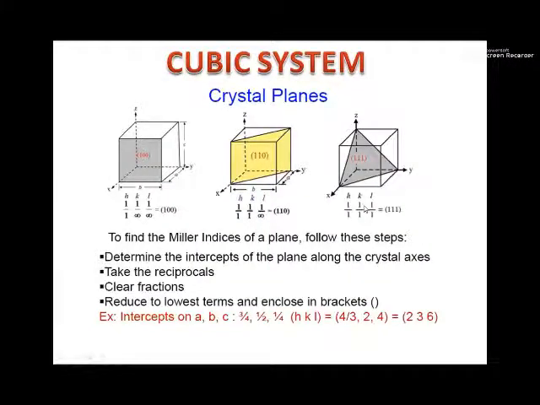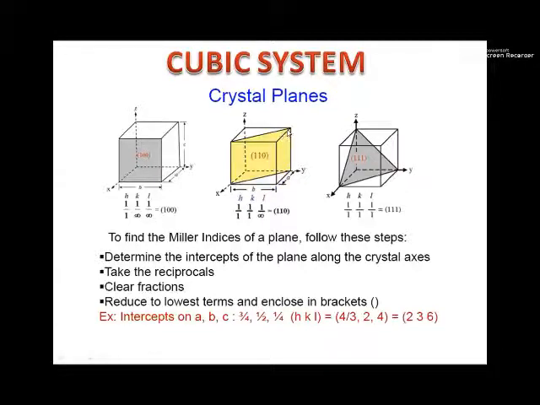Now for the cubic system, these are some examples of planes. So if you choose this plane, the h k l will be 1 0 0, as you find here the intercept of this plane with 3 axes, and take its reciprocal and make it the nearest integer.